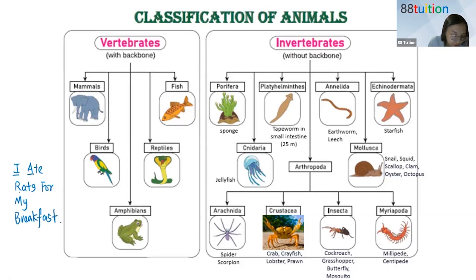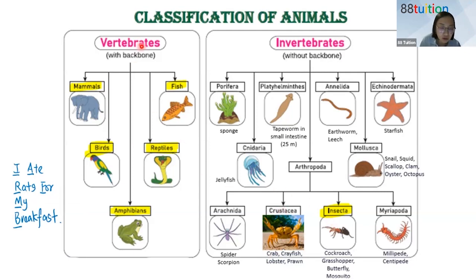I is insect, A is amphibian, R is reptiles, F is fish, M is mammal, B is birds. So I will highlight the 6 animal groups. You have insects here, I. For my breakfast. So these are all your 6 animal groups in PSLE.